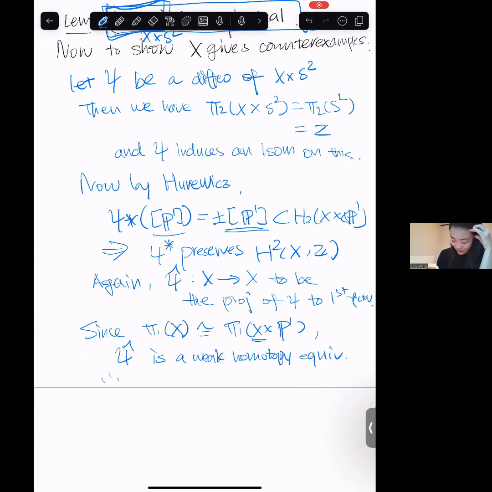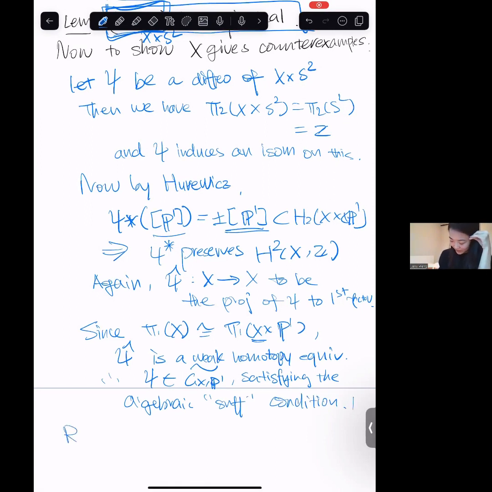So you have it: psi is in G of X cross P1 tilde, satisfying the algebraic sufficient condition. And so we're done.